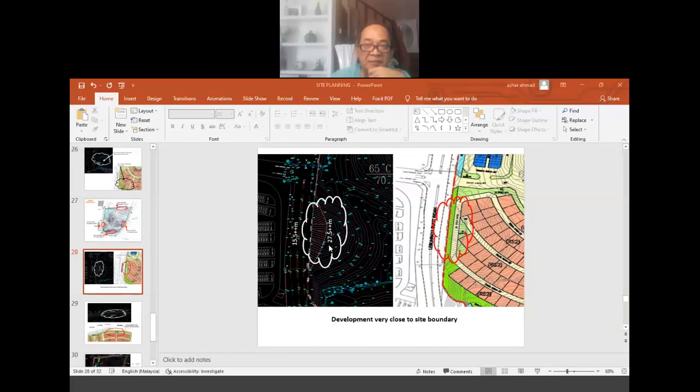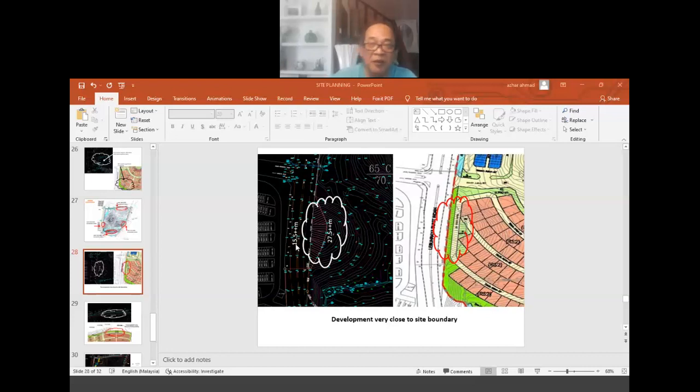So clearly there is more than a 10-meter difference between the inside of the boundary and the outside of the boundary. This is our boundary. The portion on the inside of the boundary is about 27.5, the road level is around 15.5. So we have about 12 meters of difference, which is equivalent to about a 4-story building.